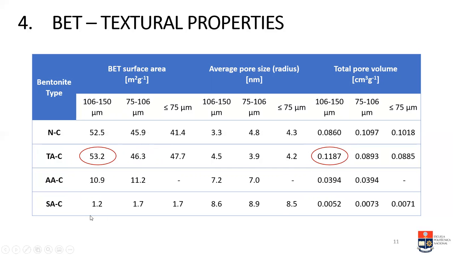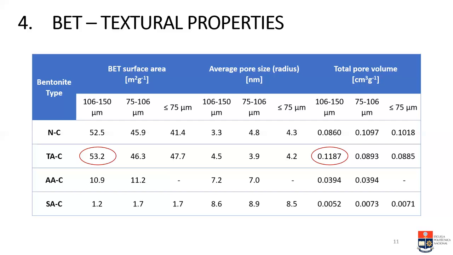For the acid activated and for the salt activated clays, actually the surface area and the pore volume reduced. So from these results, we were able to see that these thermally activated clays will have a good performance during the adsorption processes.